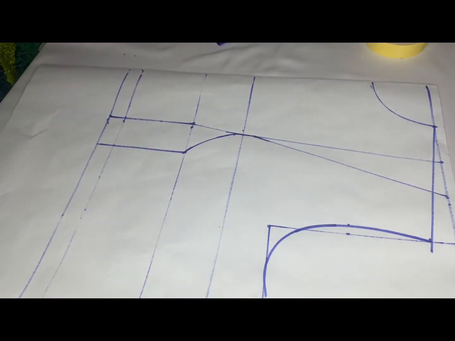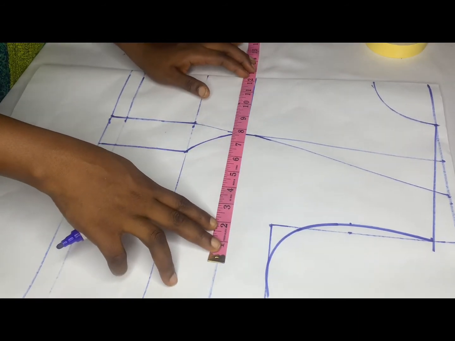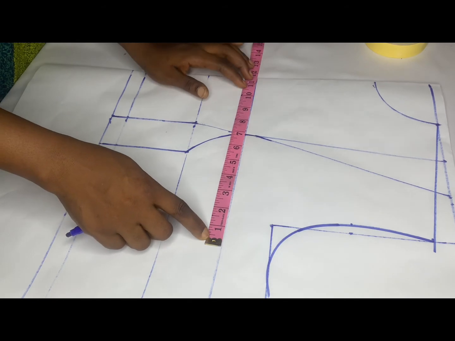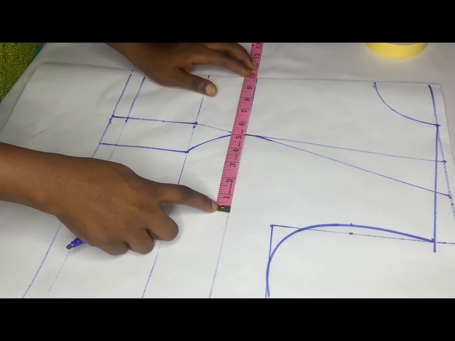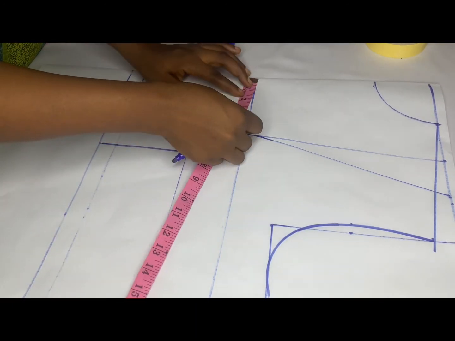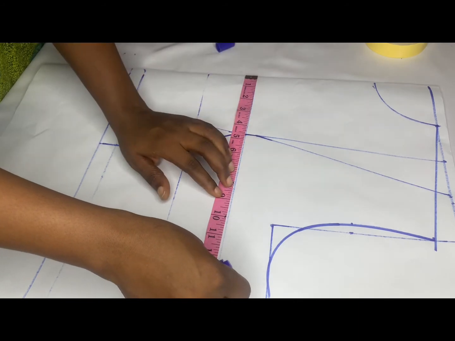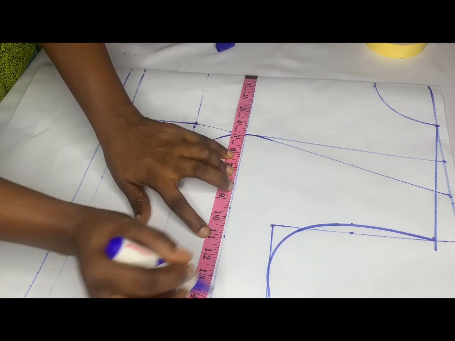Then I have to take my other measurement. My bust is 38 inches divided by 2, divided by 4, because any measurement you are doing, you have to divide it by 4. I've now had my sewing allowance.